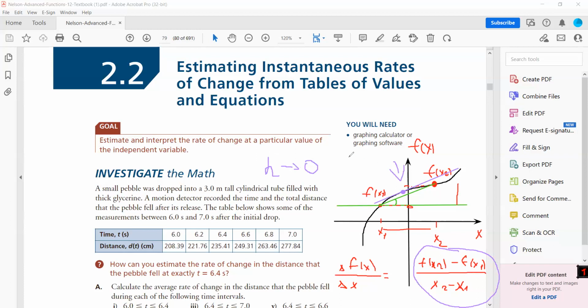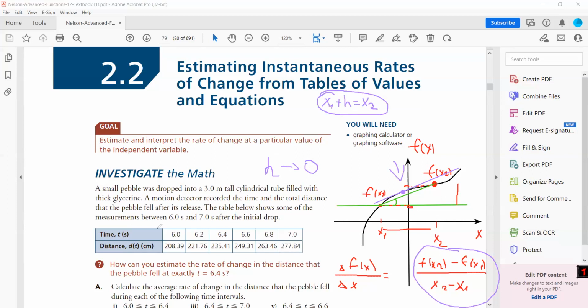Now we can say that x1 plus h equals x2. So these are x values now. We add some little change to the x value.